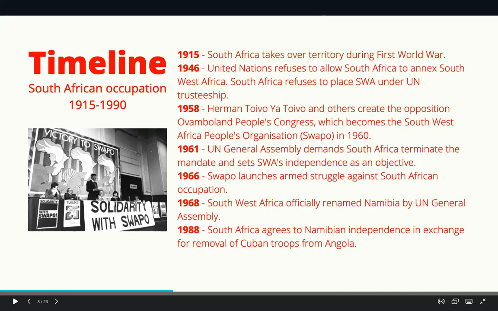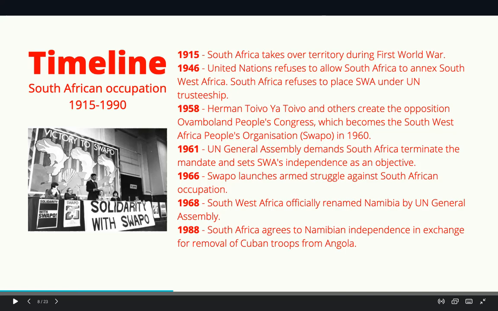In 1968, South West Africa was officially renamed Namibia by the UN General Assembly. Thus, till 1968, Namibia was called South West Africa, and in 1968 it became known as Namibia, the country name that we know nowadays.